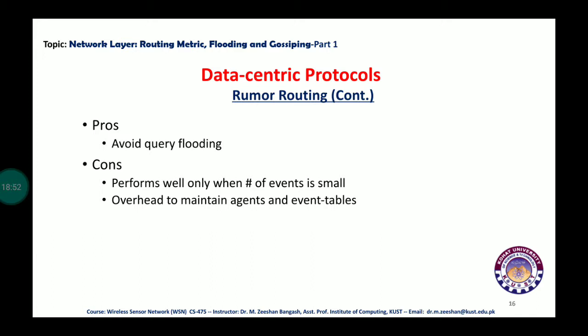However, complex event tables are always generated in this type of network, and managing, updating, and storing these tables is again an issue. So this is a memory resource constrained issue, which is one of the drawbacks of this type of data centric routing protocol.